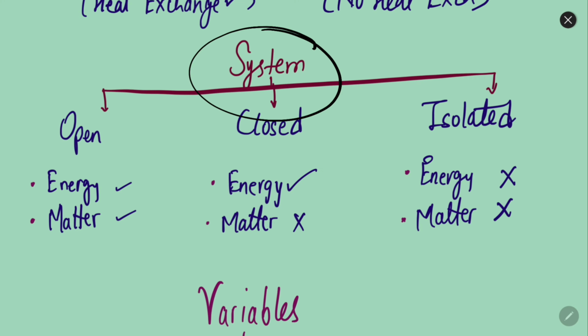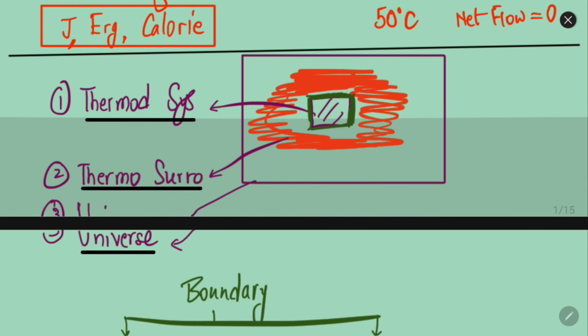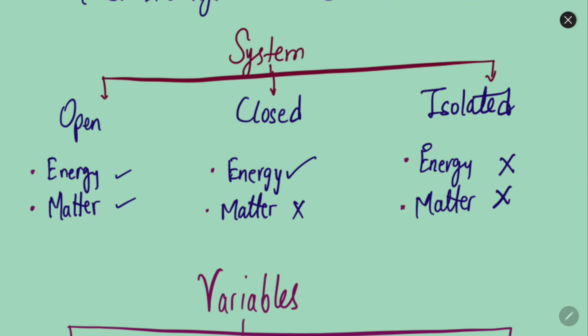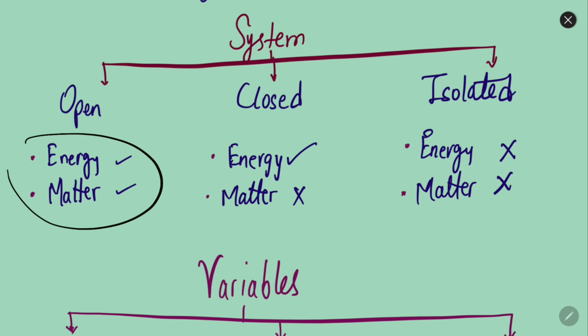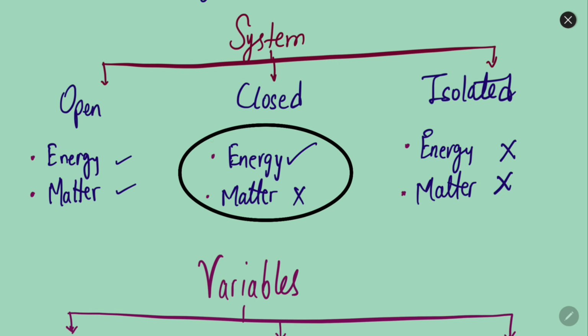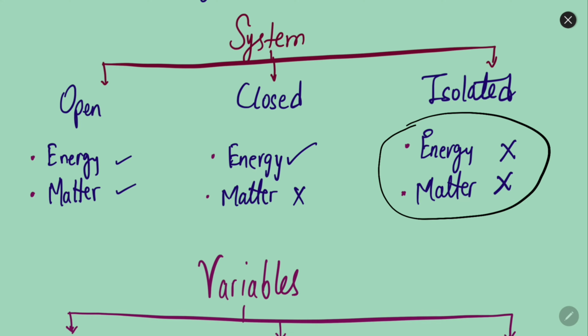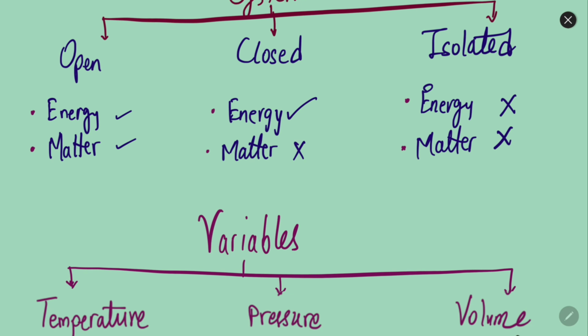Now let's discuss the system. A thermodynamic system can be of three types: open system, closed system, isolated system. An open system is one in which energy and matter both can be exchanged with the surrounding. In a closed system, energy can be exchanged with the surrounding, but matter or particles cannot. And in an isolated system, neither energy nor matter can be exchanged with the surrounding.